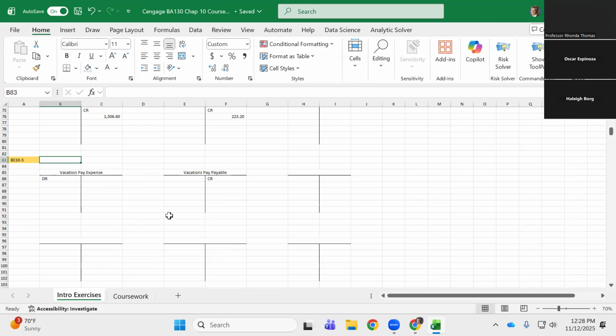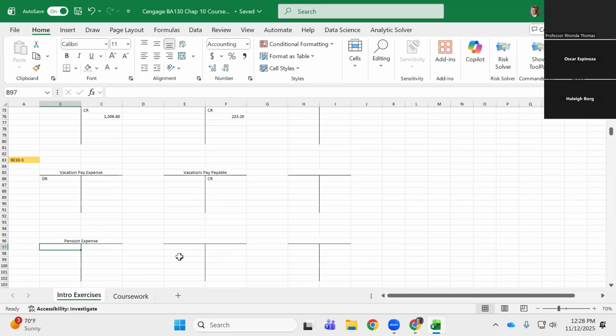Then we're going to need a pension expense, because once again, this is money that an employer sets aside for you for your retirement. You don't add to it.